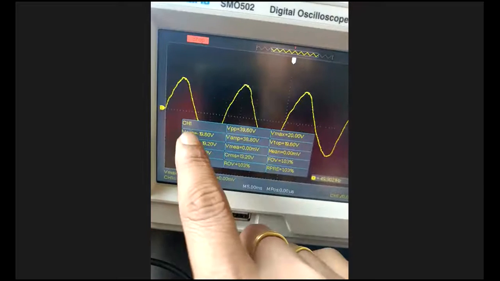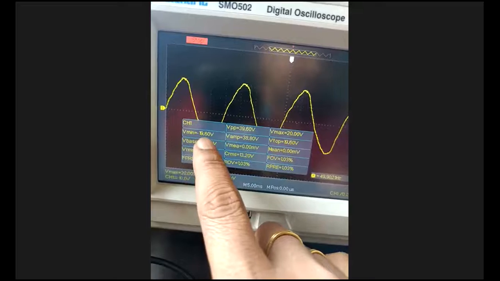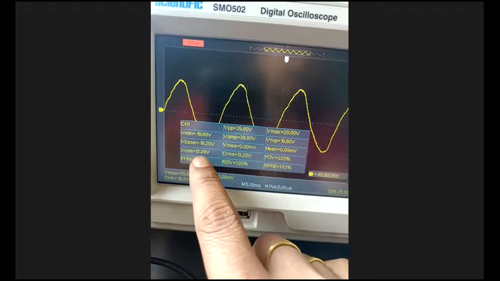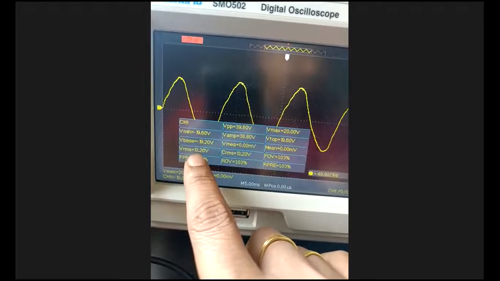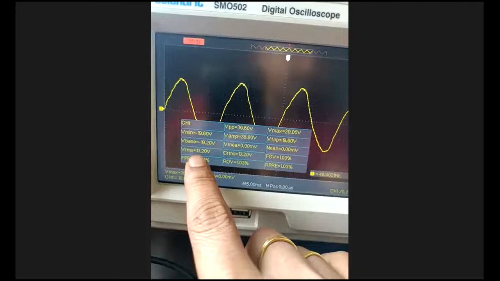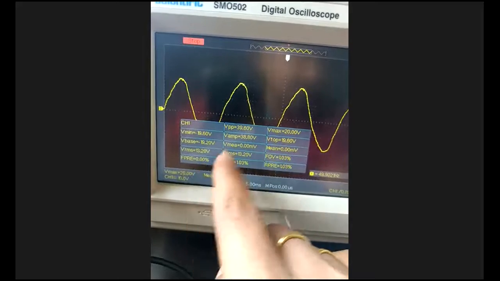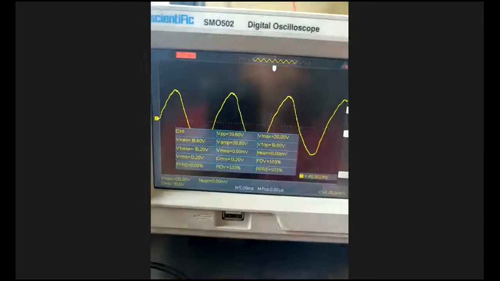This is called channel number 1. Minimum V is minus 19.6. Base value is 19.2. VRMS, how much is it? 13.20. 13.2 is our voltage. I will prove that here. Tell me how much it is. We can check that. VPP is nothing but peak to peak voltage. How much is it?